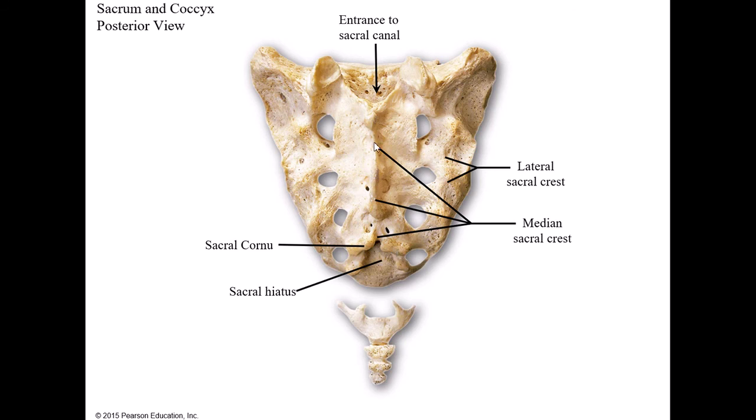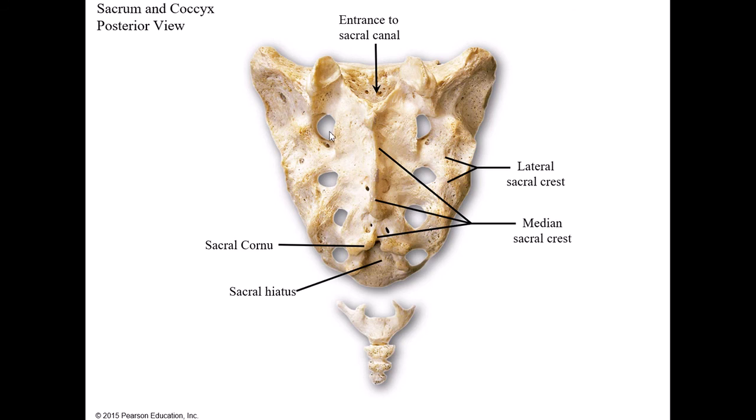Right in the middle, where the spinous processes of the vertebrae fuse together, is the median sacral crest. Then out over here is the lateral sacral crest, which represents the transverse processes. So there are going to be 2 lateral sacral crests. Right here is one lateral sacral crest, and out over here, where my cursor is, is the other. Only one median sacral crest, because there was only one spinous process coming out the middle.